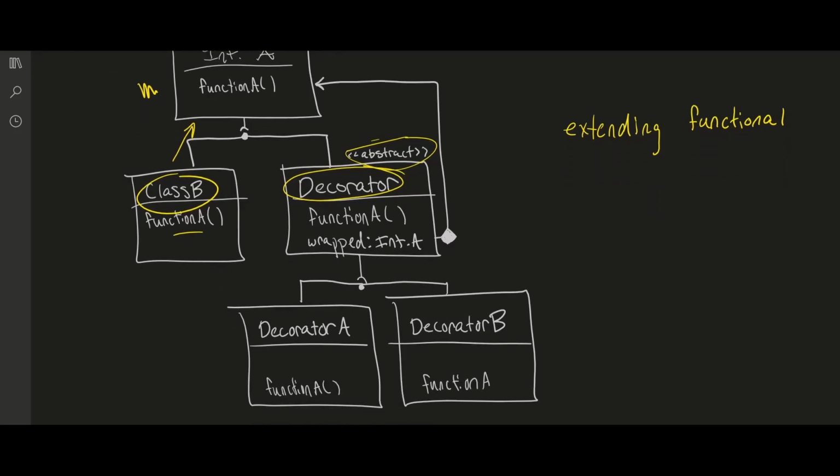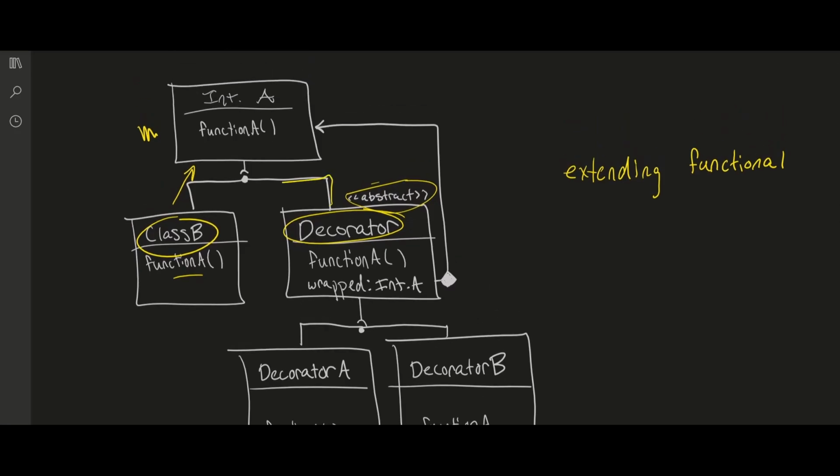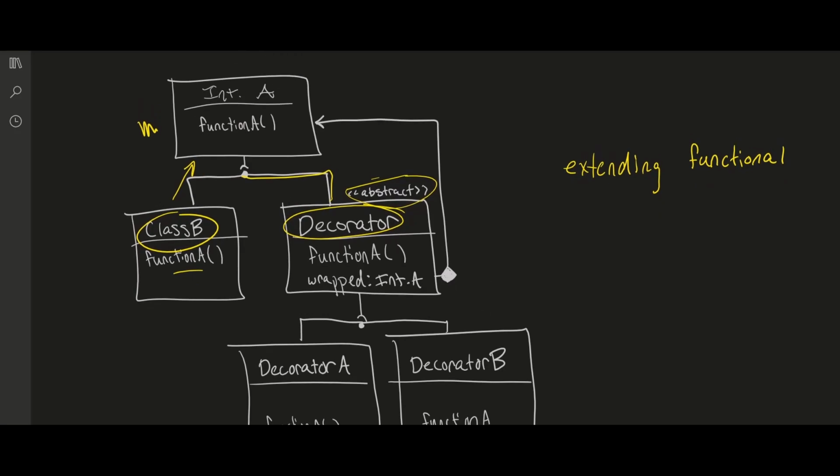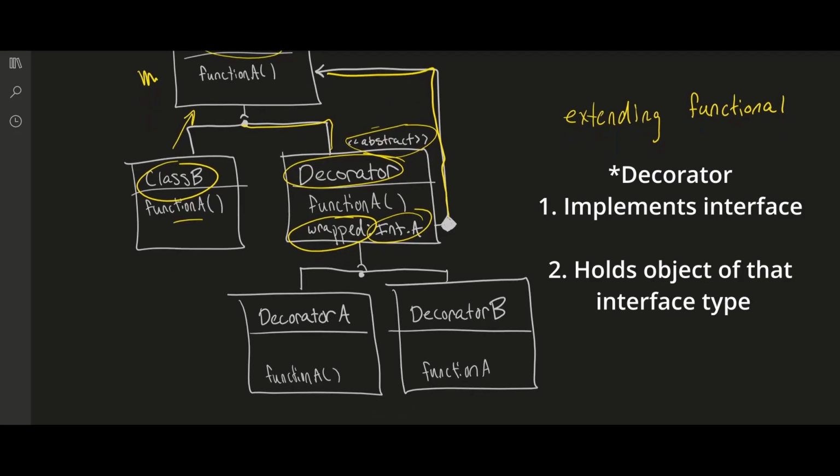With a decorator class, it's going to implement the same interface that you want to extend the functionality on, and then it's going to have an instance of that interface. That's going to be called wrapped in this instance, and you can see it's of type interface A, which is the same as up here. So basically a decorator wraps around an interface, and it also holds an object of that interface.